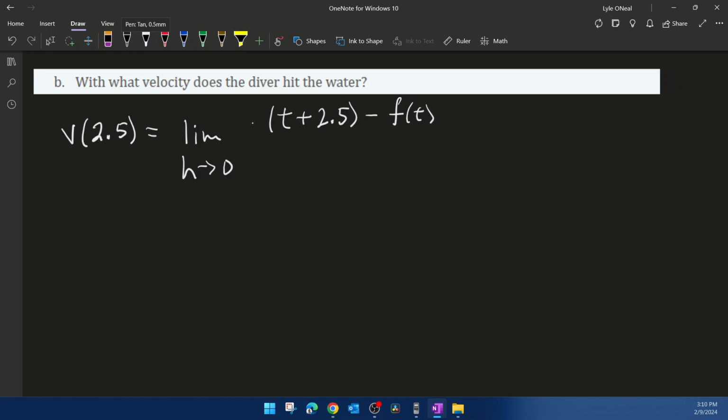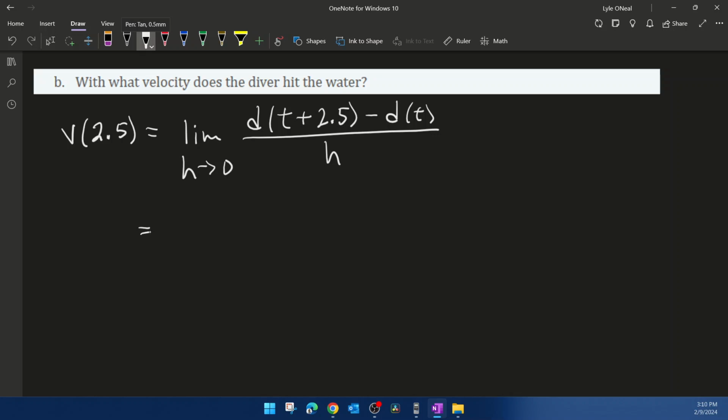Okay, fine, it's not actually f. Remember, the function was in terms of d. Doesn't really matter, but trying to be nice. All over h. Can we evaluate this limit with direct substitution? No, because the h in the denominator would go to 0 and we can't divide by 0.